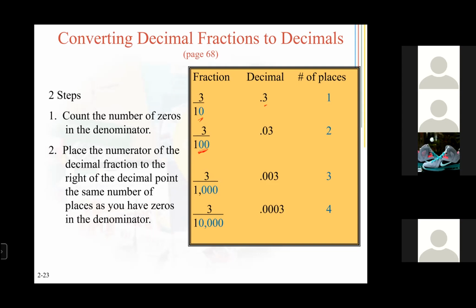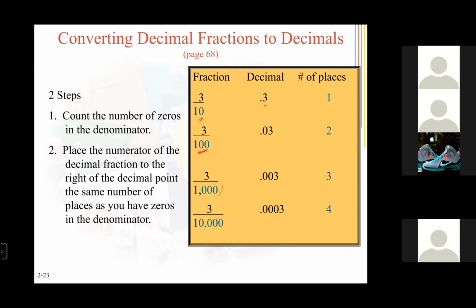In this third one, we have 1,000, which is 3 zeros, so you're going to put the 3 3 places after the decimal point, and the pattern continues. So depending on how many zeros your denominator has, that will indicate where the point should go in relation to the digit on top.